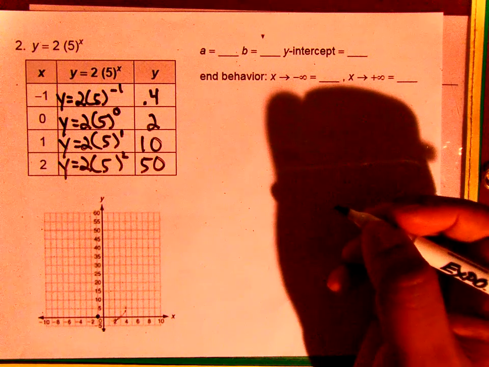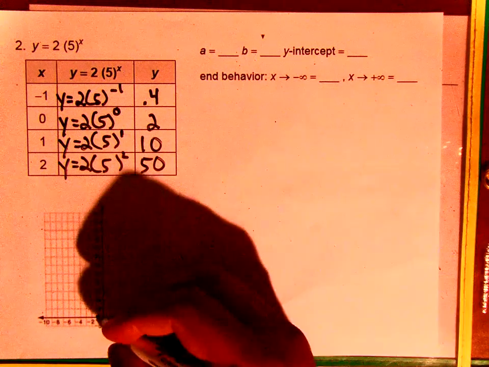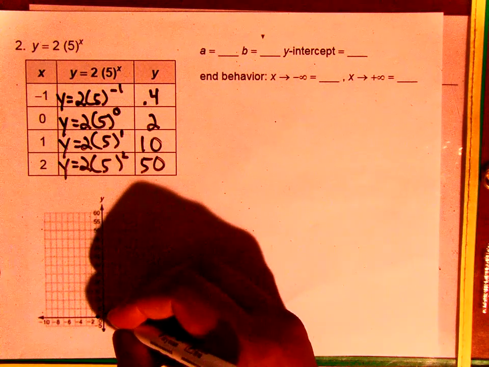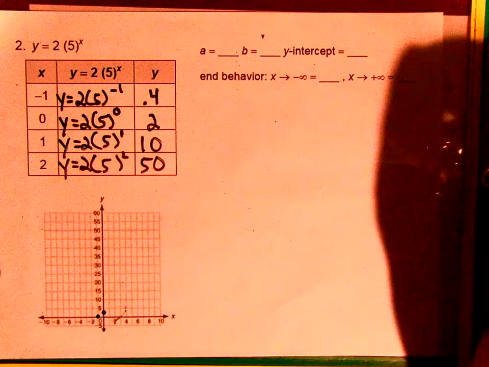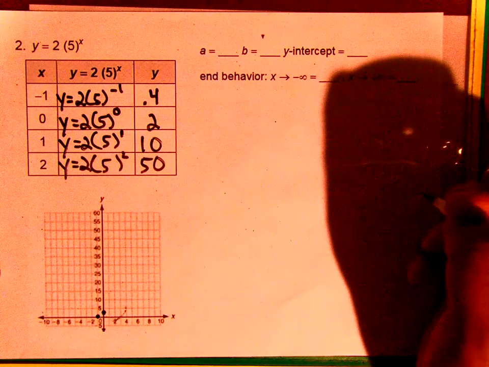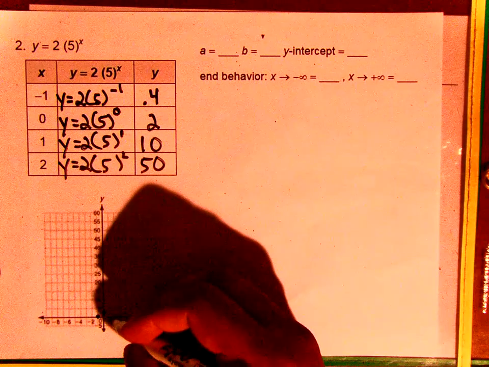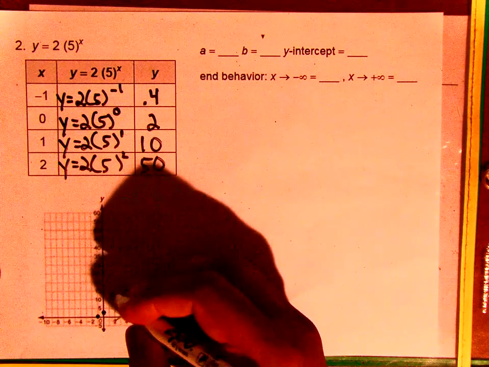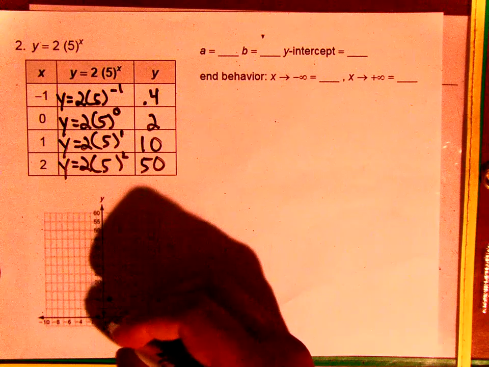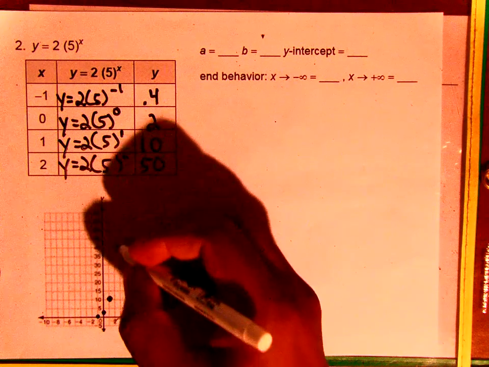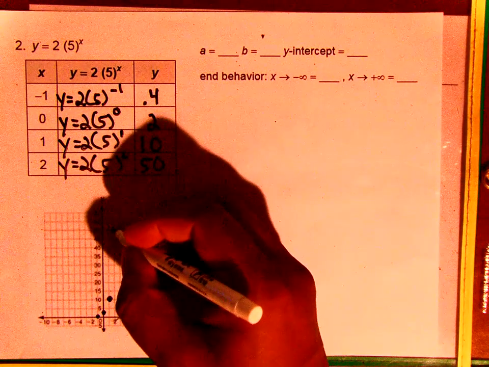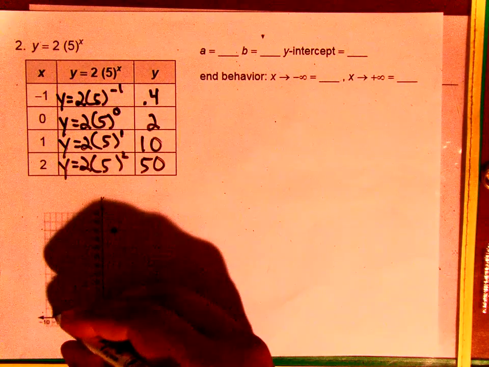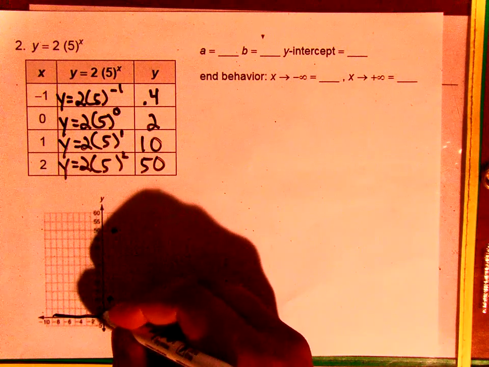At 0, we're going to go up to 2, which is about right here. At 1, we're going to go up to 10. And at 2, we'll go all the way up to 50. So our line is like this.